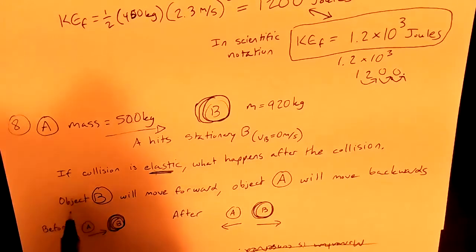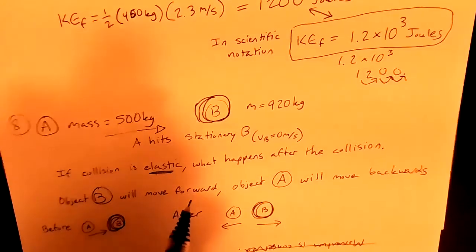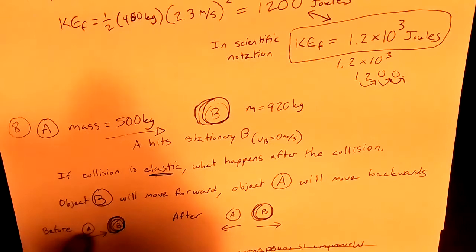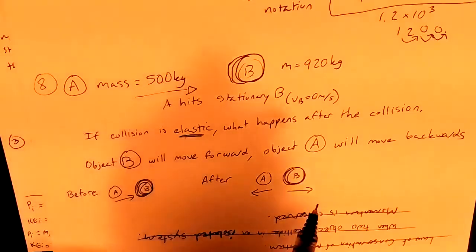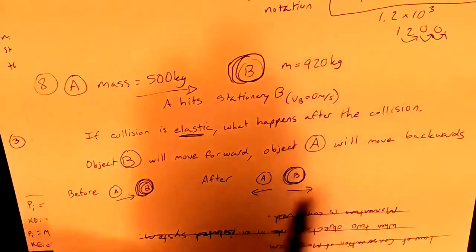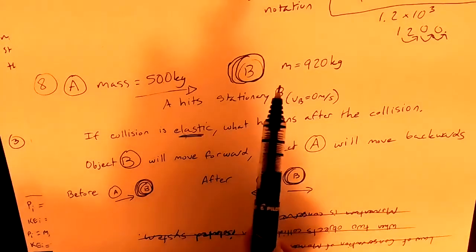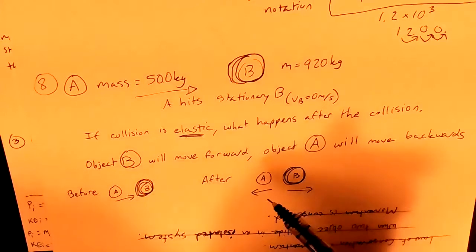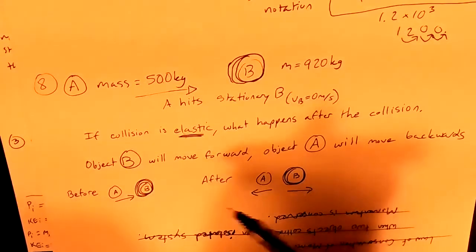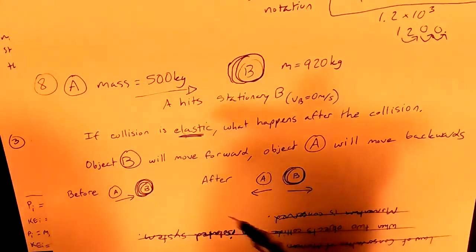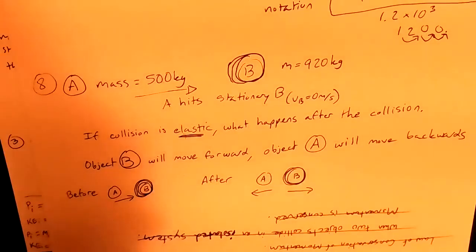Well, object B will move forward. Object A will push B, and it'll move that way. But the mass of B means that A is going to be directed in the opposite direction. Okay?